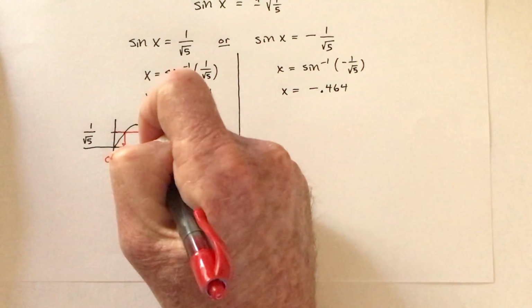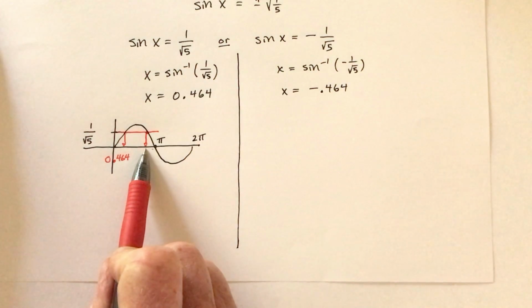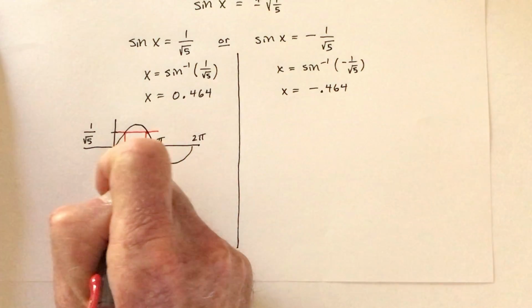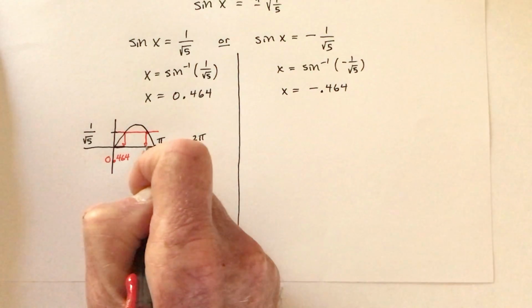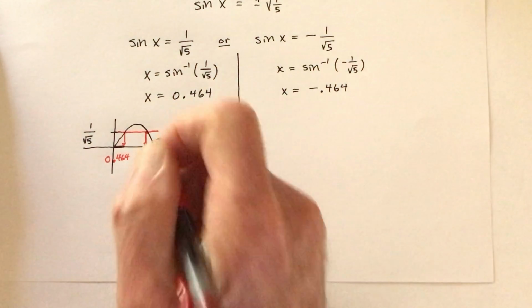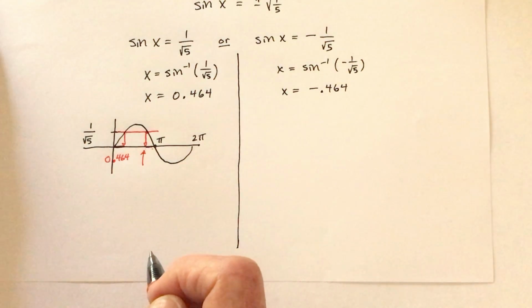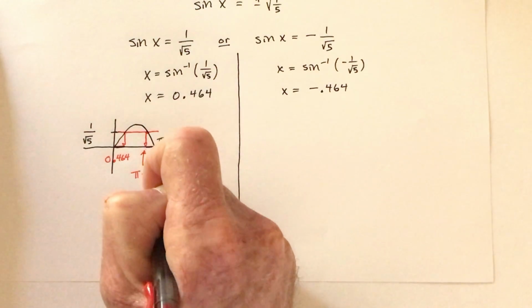Well, this answer is actually to the left of pi. And because the graph is symmetric, if this is a gap of 0.464, that means this is a gap of 0.464. So that means that this answer is to the left of pi by 0.464. So that means that it's pi minus 0.464.